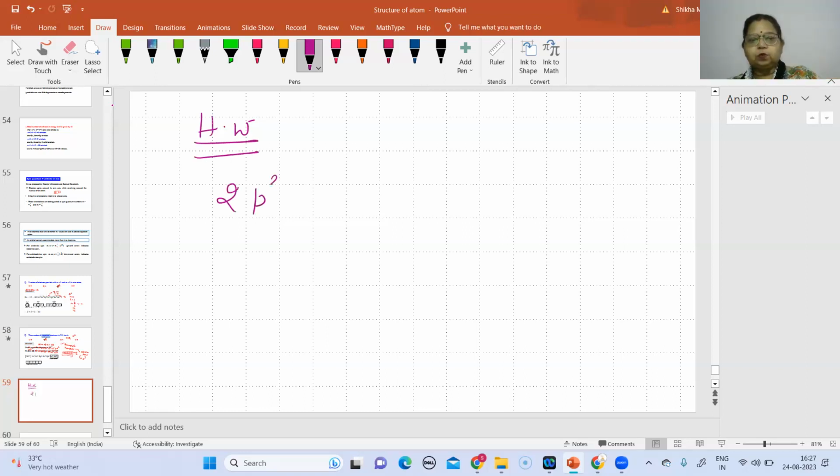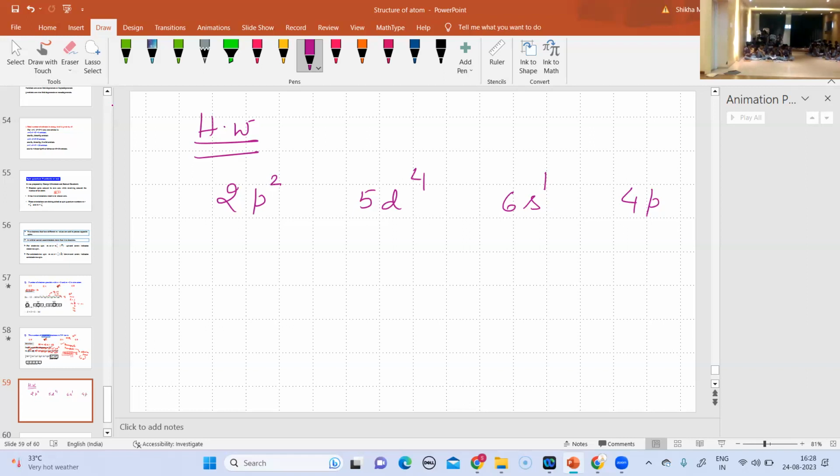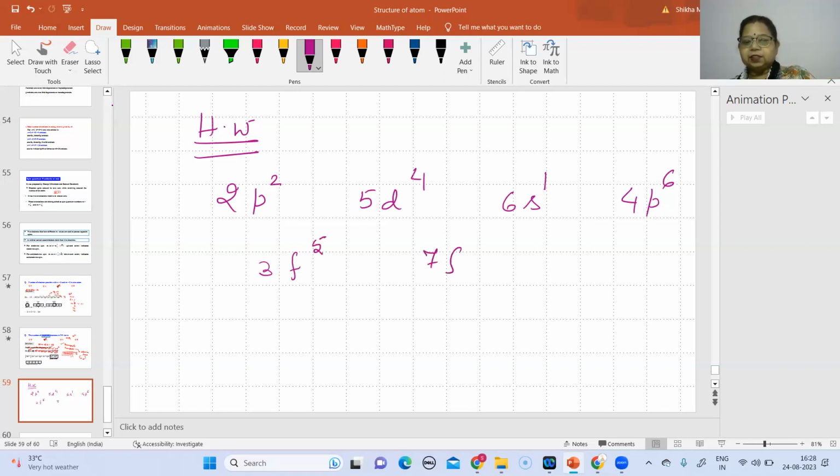I'm giving you 2p2, let's say 5d4, 6s1, 4p6, 3f5, and 7f14. All quantum number values for them.